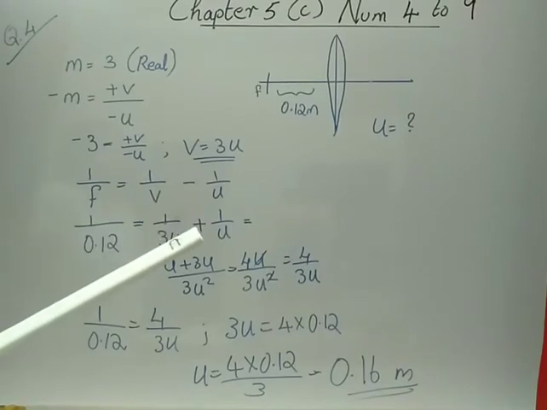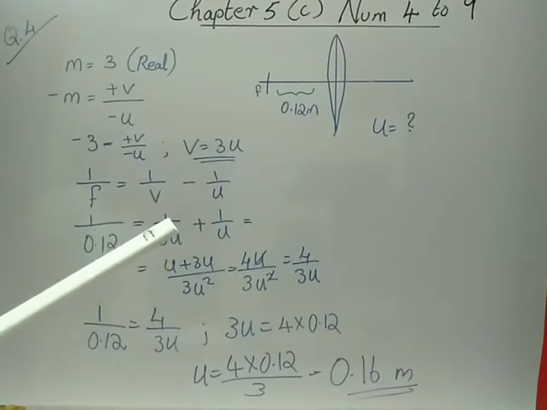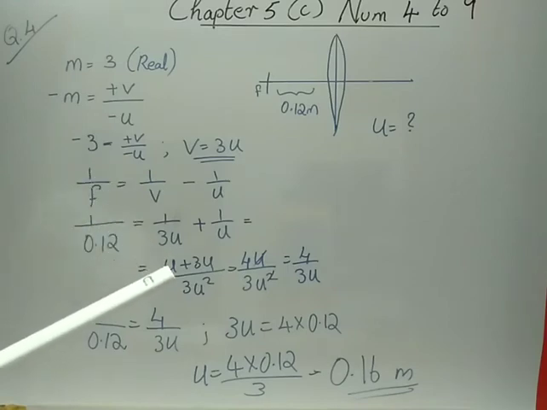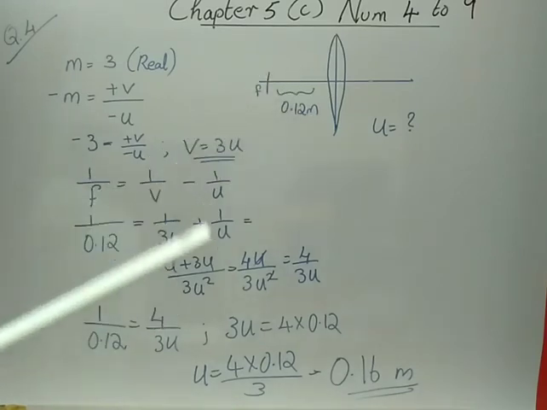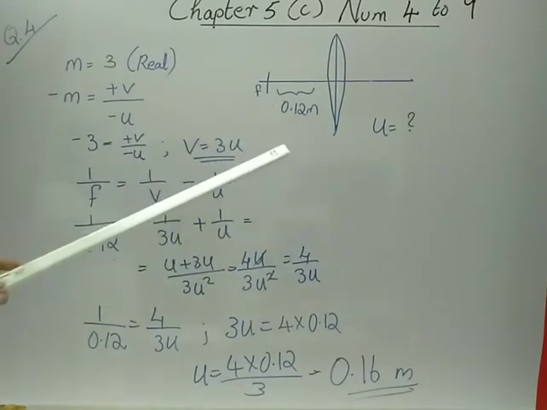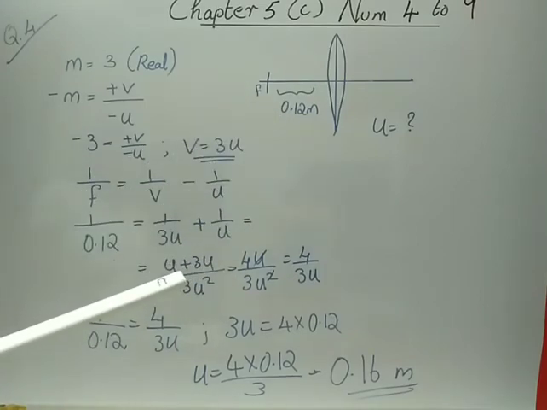One peculiarity of the numericals of this chapter is that each word in the question is a hint towards the physical quantity given. First it is given that it is a convex lens, so at the same time you have to draw a convex lens, mark F, and write 0.12 meter.